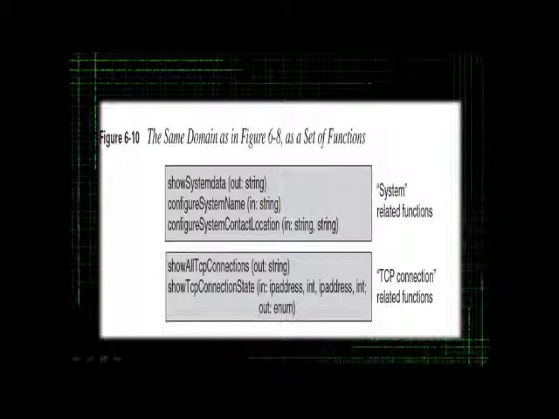Figure 6.10 depicts a model based on a set of dedicated functions. Here, the managed system is modeled by three functions: show system data, show all TCP connections, and show TCP connection state. Show system data is used to retrieve information about the managed system.